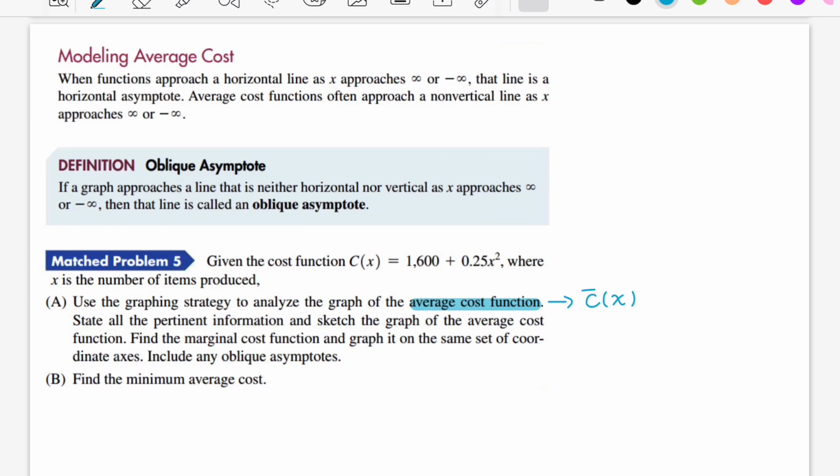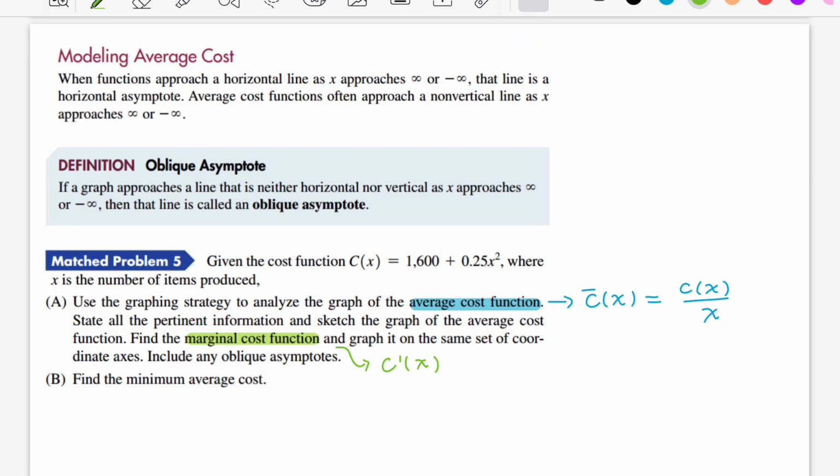So c of x with a bar over it, and it's going to be equal to our cost function over the number of items produced. Okay. So we want to use the graphing strategy to graph that guy, as well as graph the marginal cost function on the same set of coordinate axes. And if you remember from that same section, the marginal cost function is going to be the derivative of our cost function.